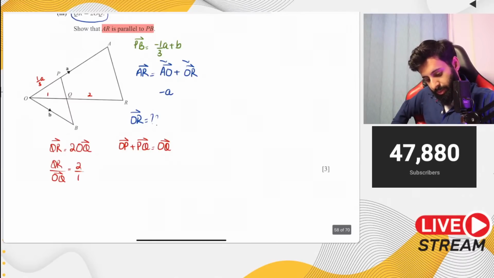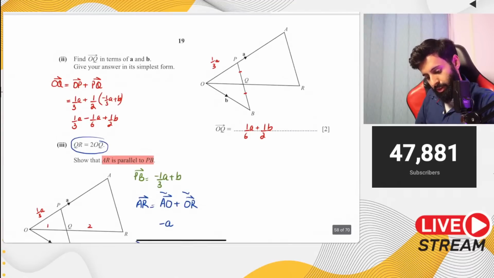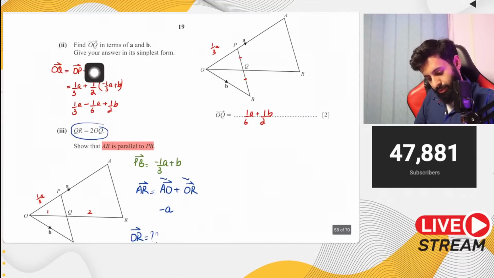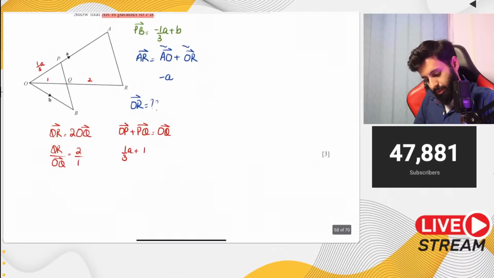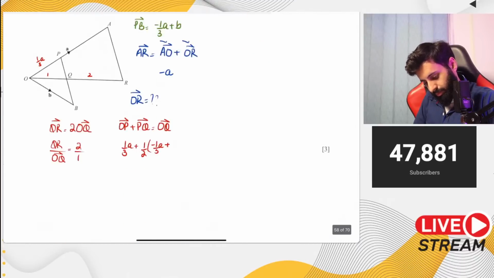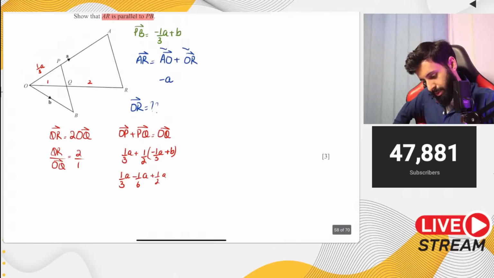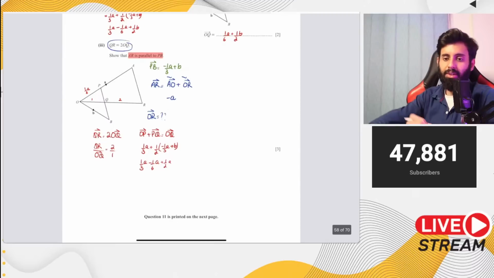So OP is 1/3 of A, and PQ is something we worked out earlier. So PQ will be half of minus 1/3 of A, plus B. Now, here's what we have: 1/3 of A minus 1/6 of A plus half B. What will this give us? Oh, we already have OQ.